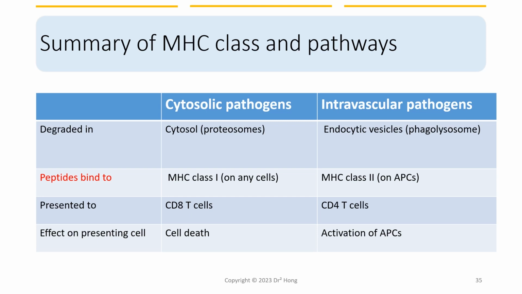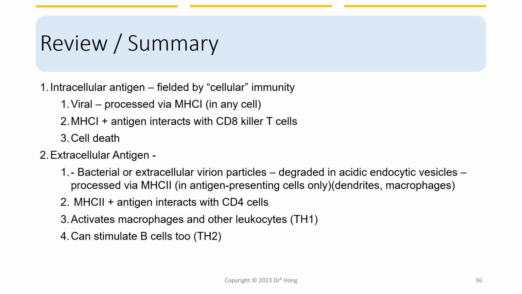Now remember, these are located only on professional antigen presenting cells. Now these class 2 molecules with the peptide are going to synapse on T cells that carry the CD4 marker, and this presentation is going to activate the cells. So here again is another review and summary of what we just talked about in a word format.